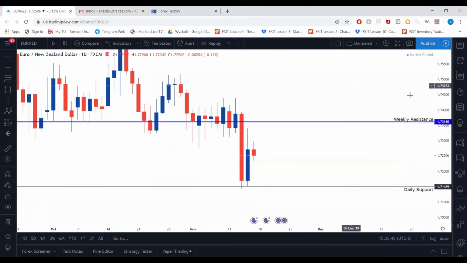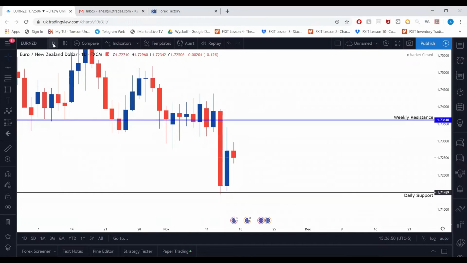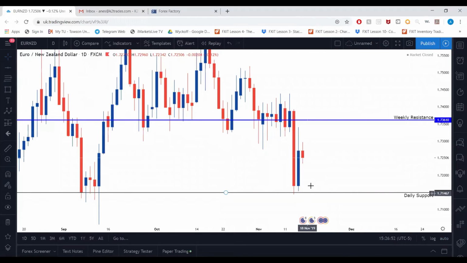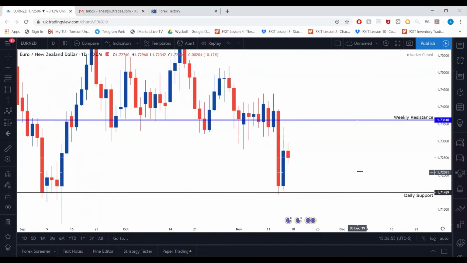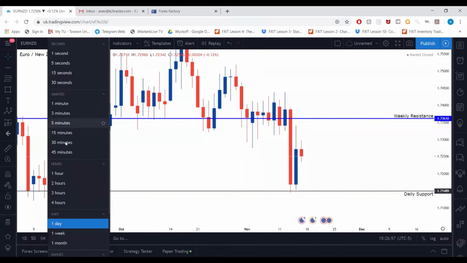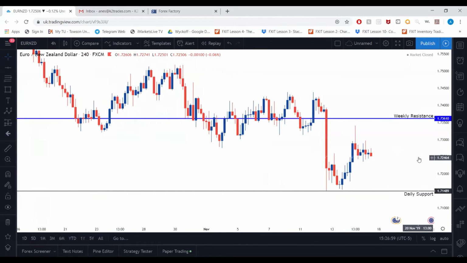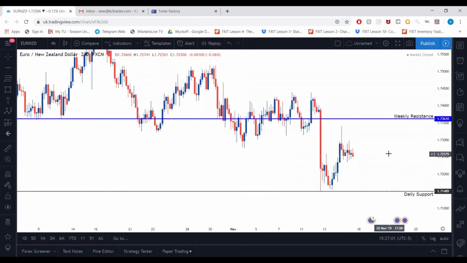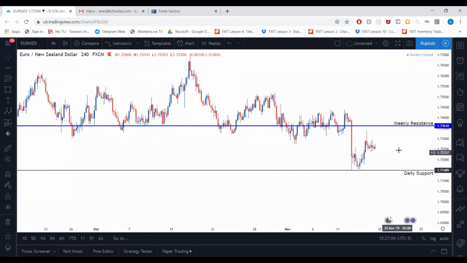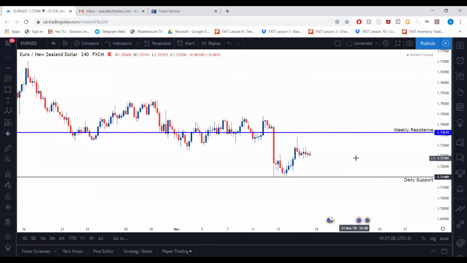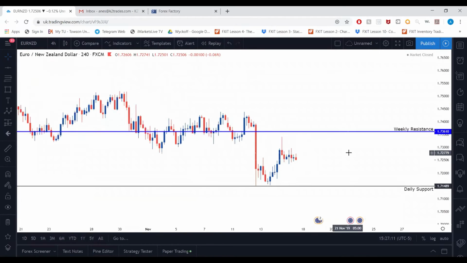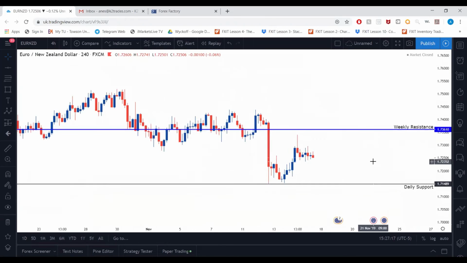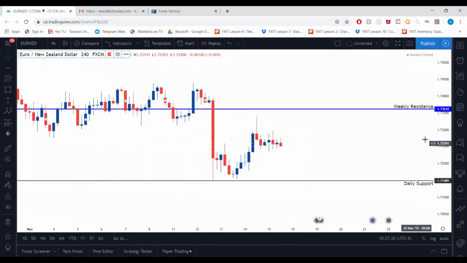Yeah, so Thierry, right now it's in the middle of the zone. See, it rejected here at the daily support. Let's see what we get out of it this week. I would favor maybe getting the retest here, because this just broke through with that strong NZD news.